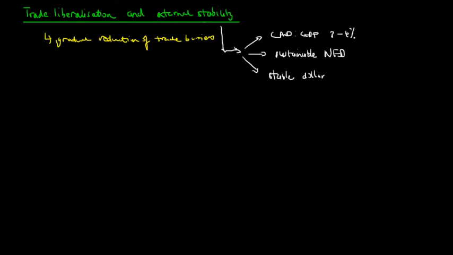The primary focus of external stability is this CAD to GDP ratio of 3 to 4%, because if we achieve this, then we can sustain our net foreign debt in the long run, as well as the dollar. So with a gradual reduction of trade barriers, this will affect our external stability in both the short run as well as the long run.